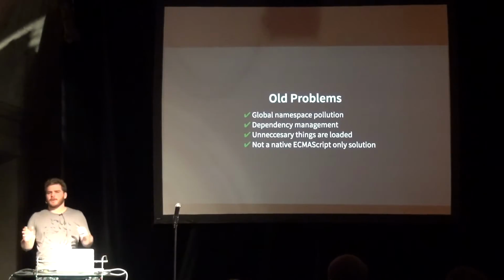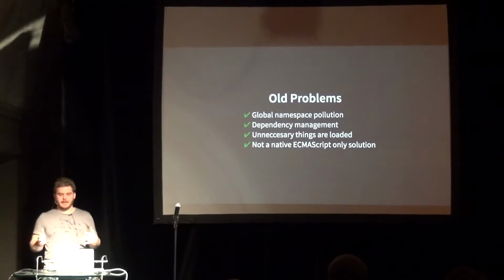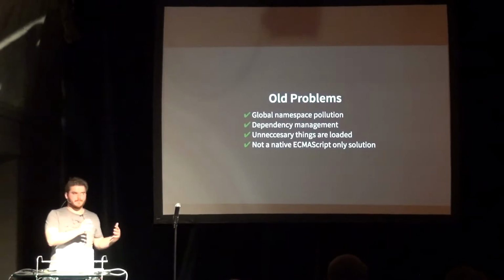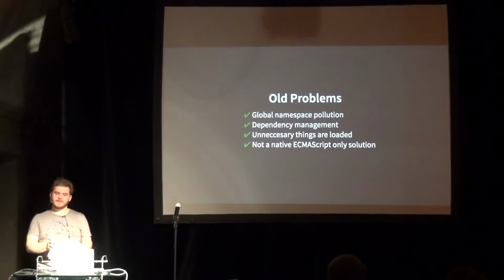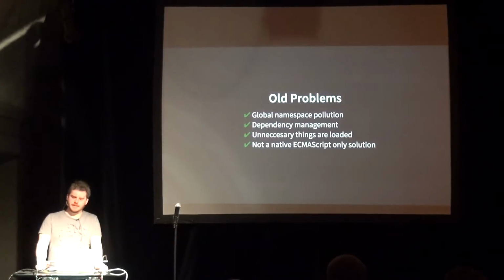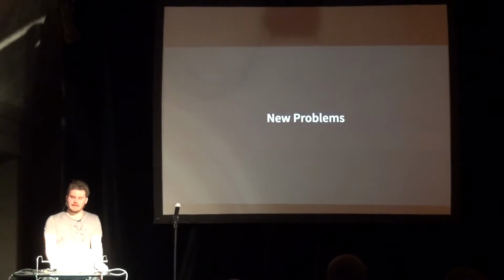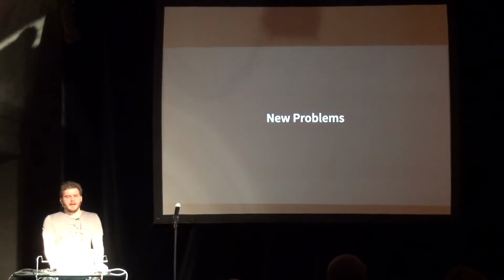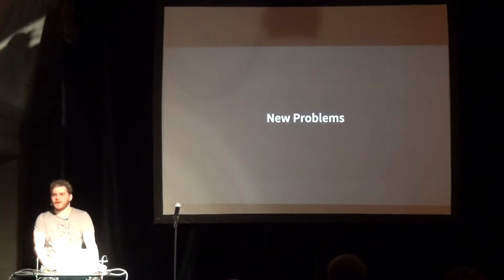But now you might say, okay, so we have solved a few problems, but if we are creating a new thing, perhaps we also created a few new problems. I think most of those problems will only show up when we use the ECMAScript modules more extensively.